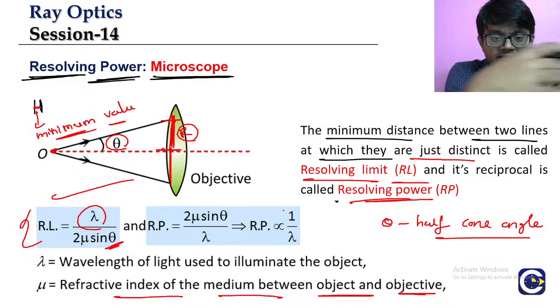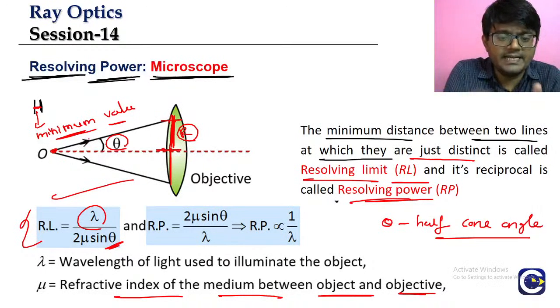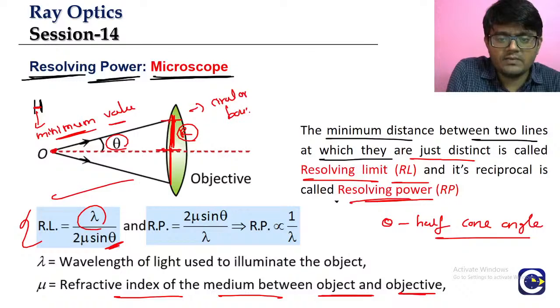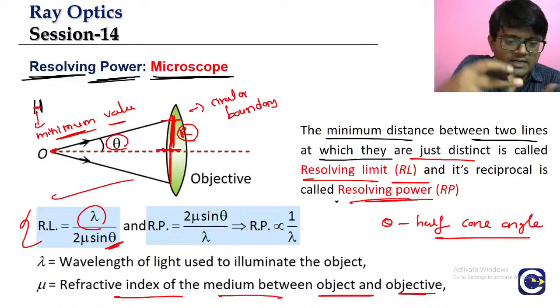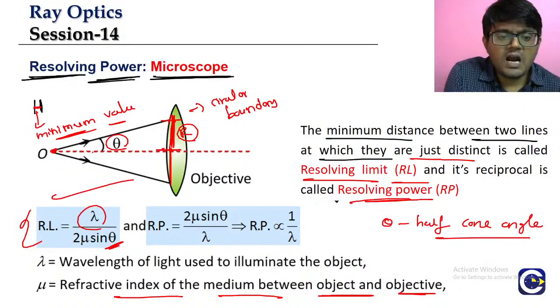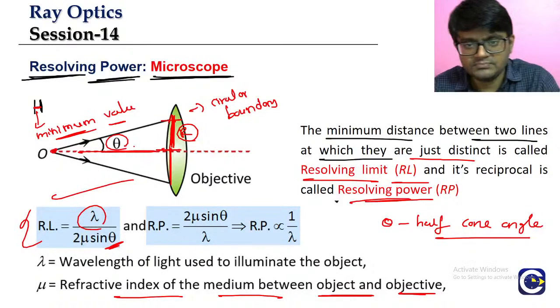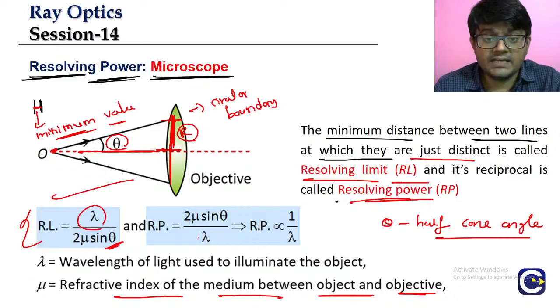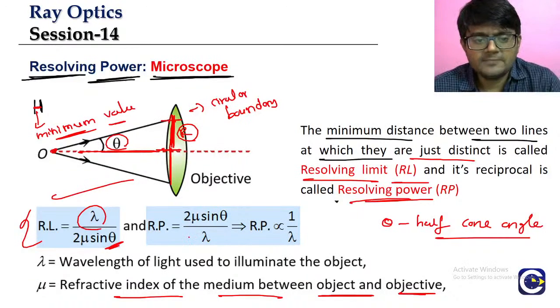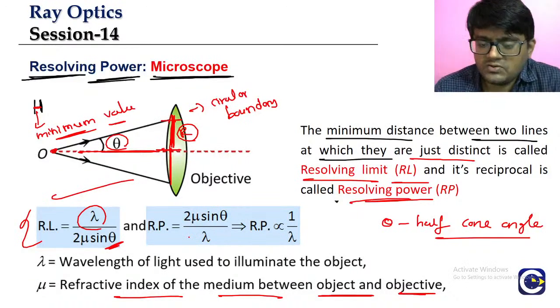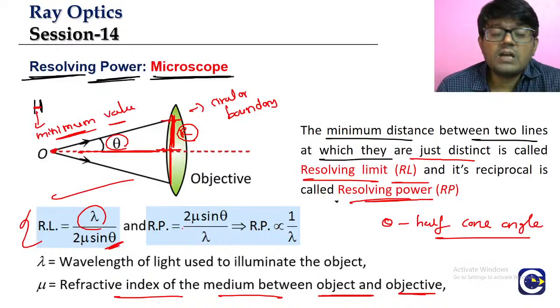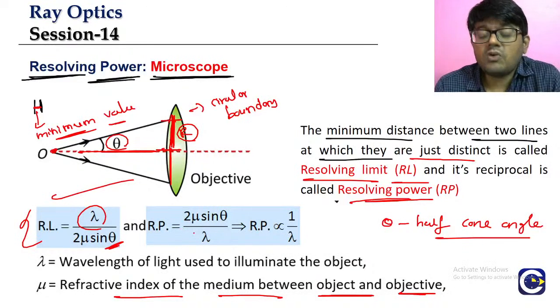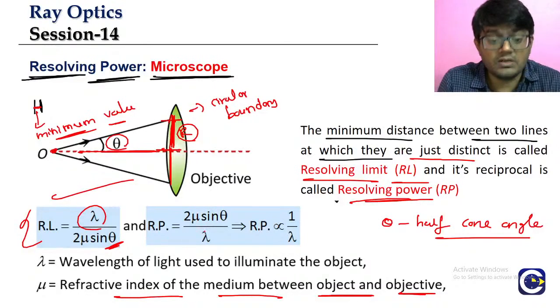Object is here, and the objective will have a circular boundary. If you think of it, it will be like a cone. Half cone angle theta is the angle formed by the radius of that lens at the object. That is what we call the half cone angle. Okay. So the resolving power will be the reciprocal of the resolving limit.